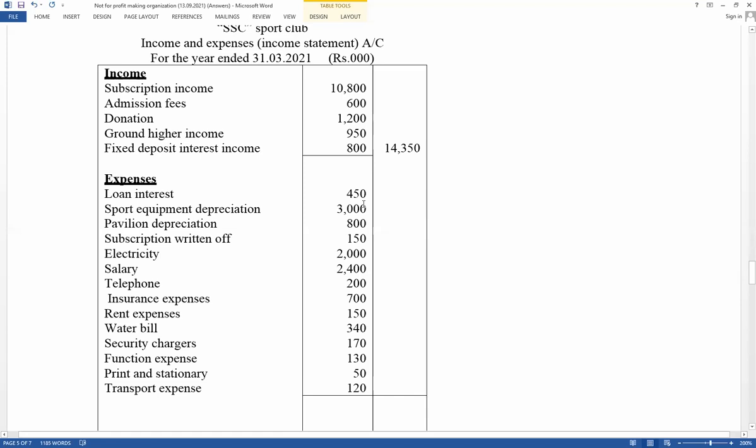Deduct total expenses. First one, take expense total value.